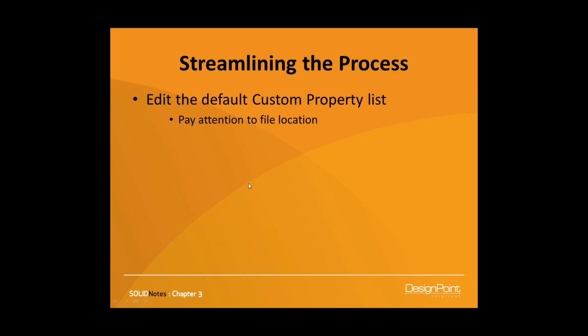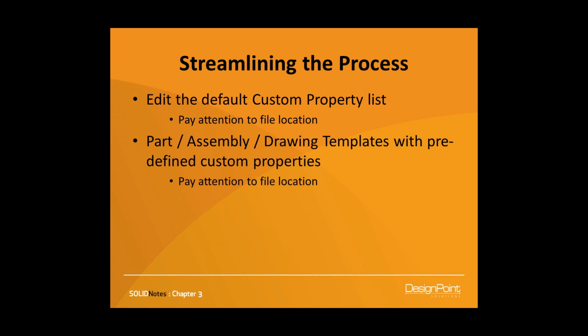We come back out here again, so that's the default custom property list. Something else that you can do that maybe even goes a step further than that in helping people be quicker and more consistent in what custom properties they use is to set up part, assembly, and drawing templates with predefined custom properties. So this goes a little bit back to what we just spent some time on with saving those document templates.